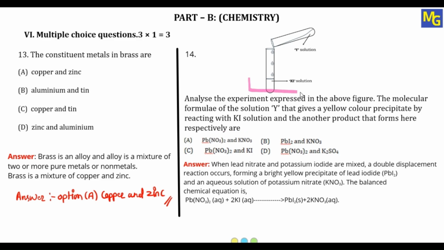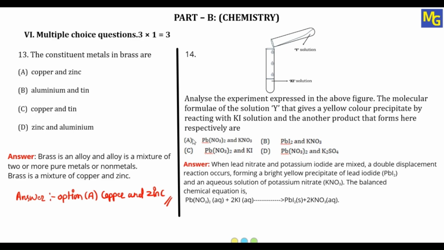In this diagram we can see this test tube which is having Y solution, and this Y solution we are going to pour into KI solution. We will get two products. One product is yellow color precipitate and another product which is going to form, that we have to find out. So first we have to tell what is Y solution, and second, the other product which is formed, that also we have to tell.